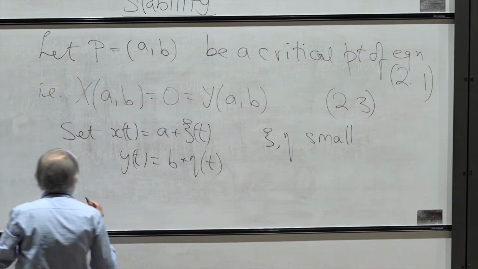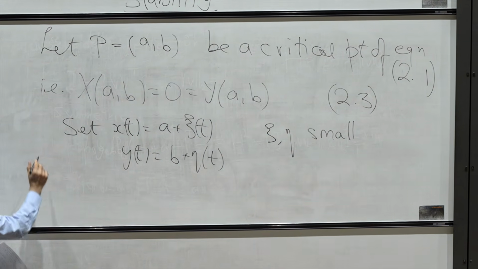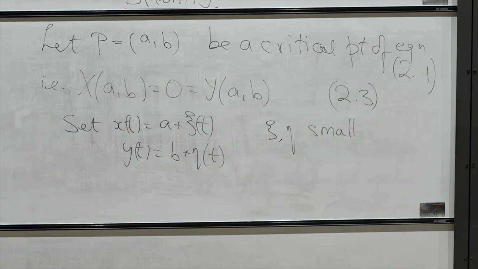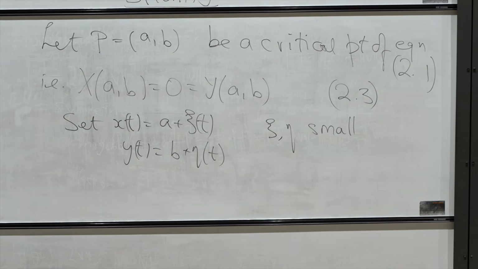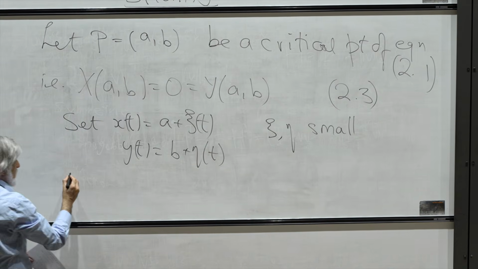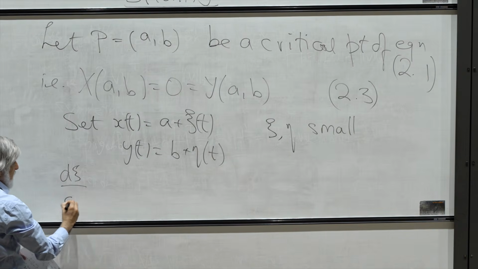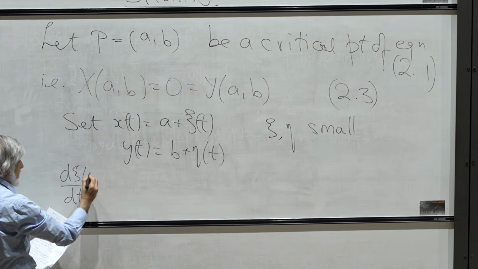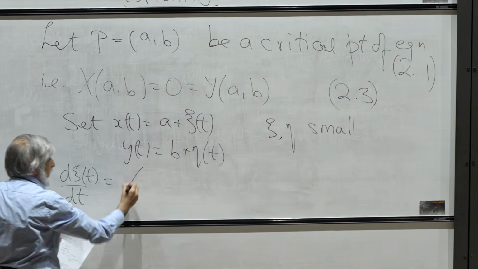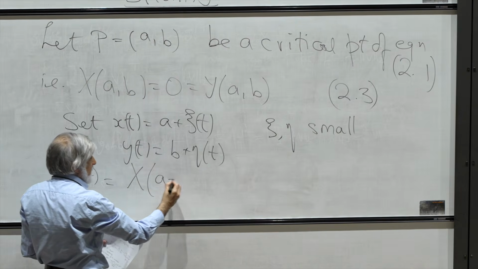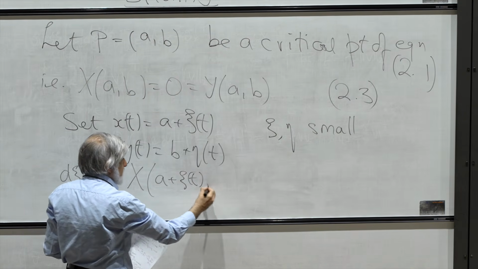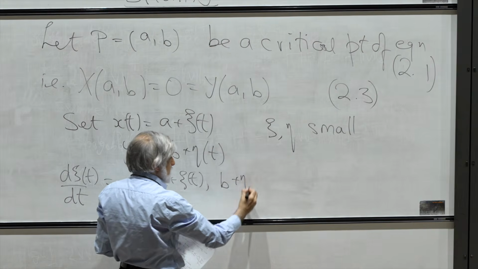Okay, so then what's our first equation going to be? dx by dt, well, a is a constant, so that's going to be d xi by dt equals x of a plus xi of t, comma b plus eta of t.